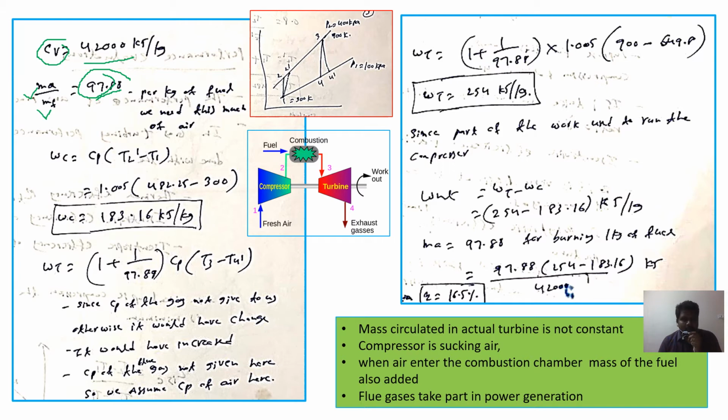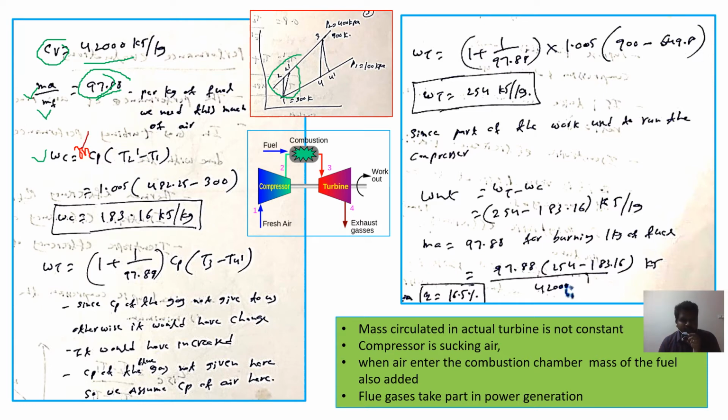Now we can find the work done by the compressor. From the TS diagram, work done by the compressor equals Cp into (T2 dash minus T1). This is the actual work done by the compressor, because here we are considering losses also. Actually here mass also will be there, so m into Cp into (T2 dash minus T1).